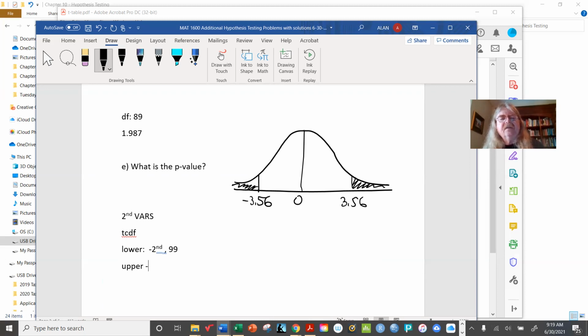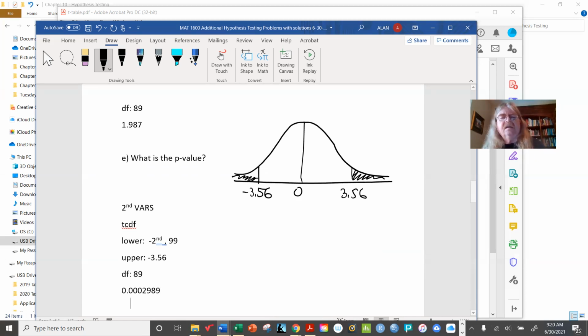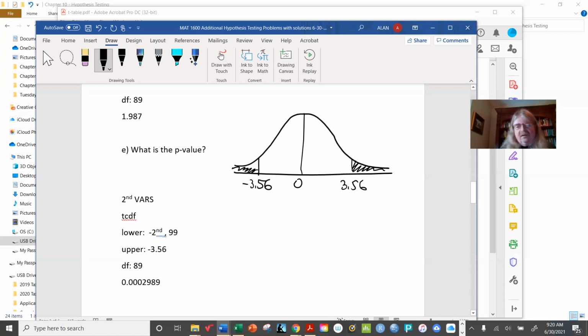The upper is negative 3.56. And they want to know the degrees of freedom, which is 89. And if you plug in those numbers, you'll get a tiny, tiny little number, 0.0002989. So that's the area in either tail.